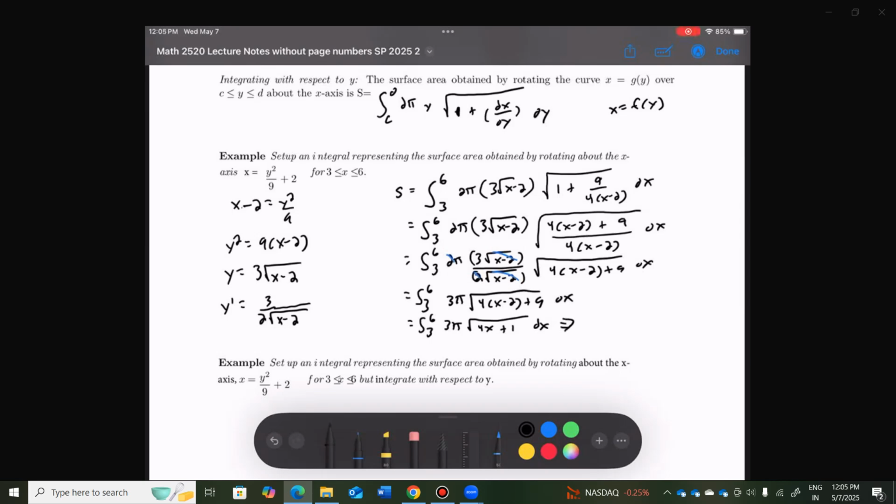So when I do, I'll get 3 pi times 2/3 and divided by 4, 4 being from the chain rule, not the square root, 4x plus 1 to 3/2.